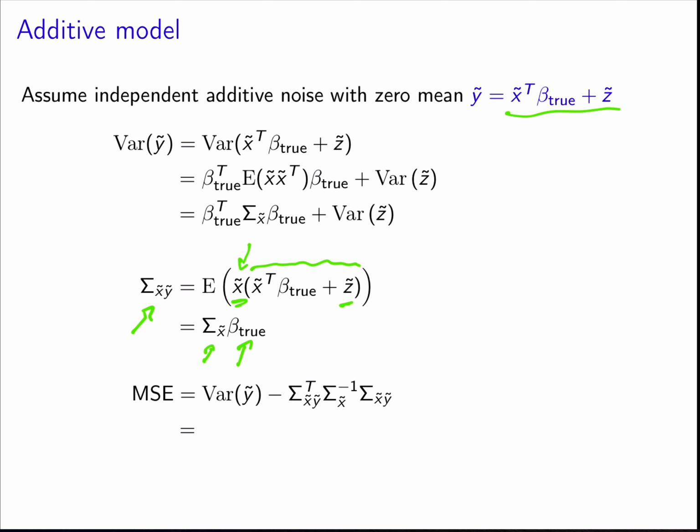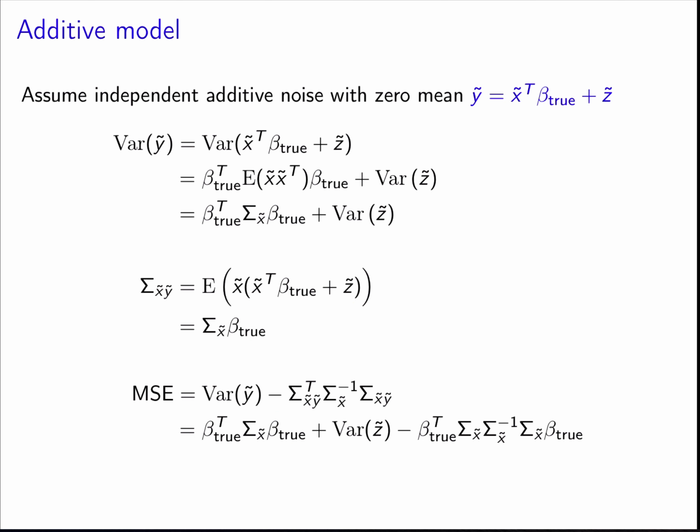So when we plug this into here and this into here, we end up with this expression where the variance is equal to this and this term is equal to this. And it turns out that this term and these terms cancel because this is just the identity. And the MSE is exactly equal to the variance of the noise.